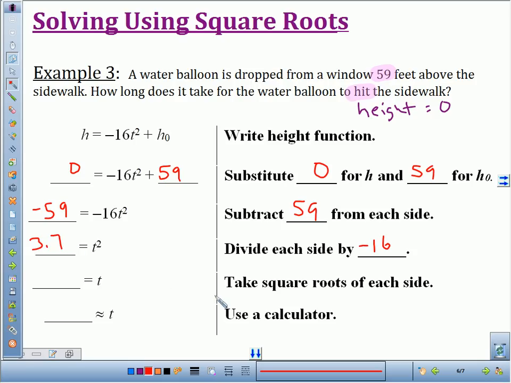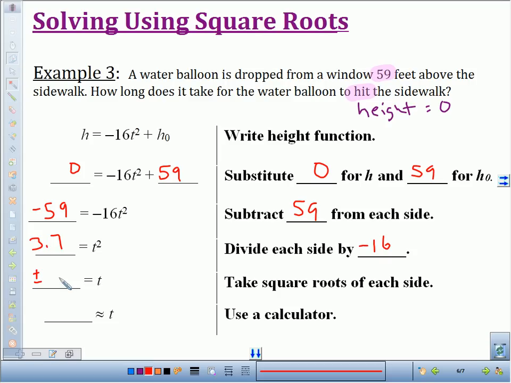It's actually 3.6875, but I'm not going to deal with all that. It's about 3.7. Now that's t squared. I want to know t. Well, t is either the square root of 3.7, which is positive or negative.